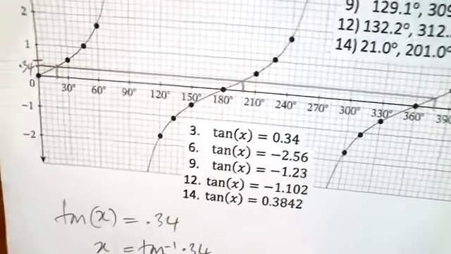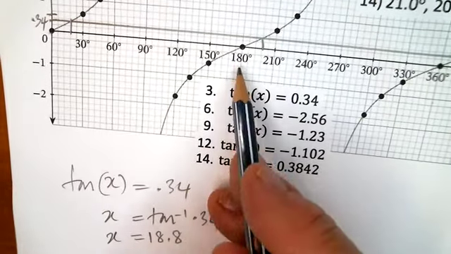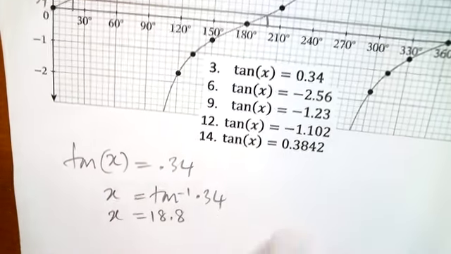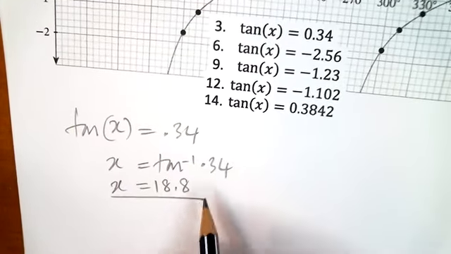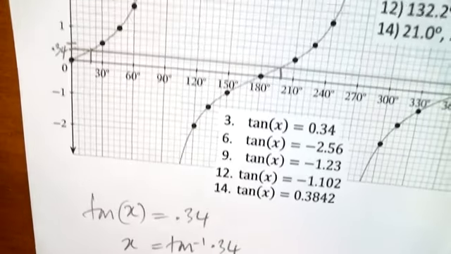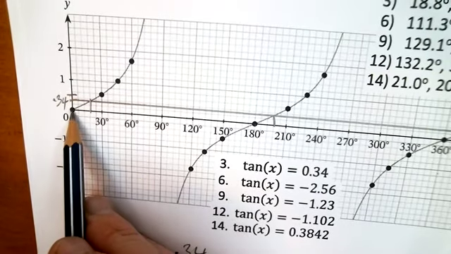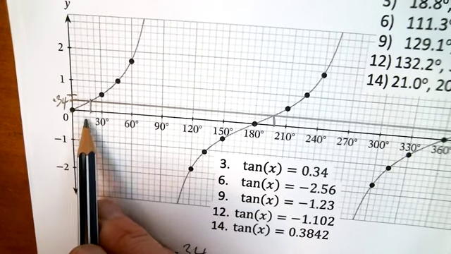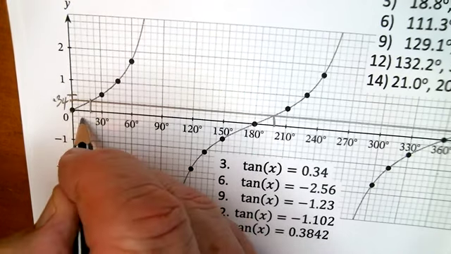Now, of course, we don't know what this is here, and the reason we need this graph is because the calculator only returns the first instance where the waveform moves to an amplitude of 0.34. And the first instance is, of course, 18.8.